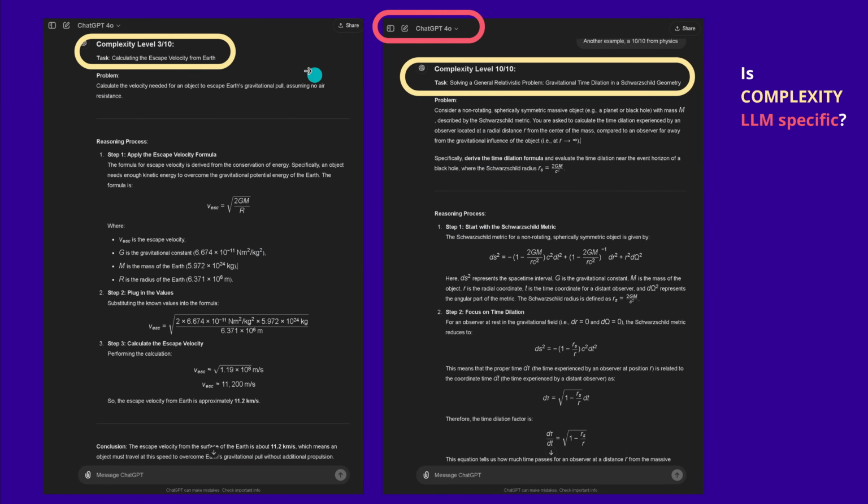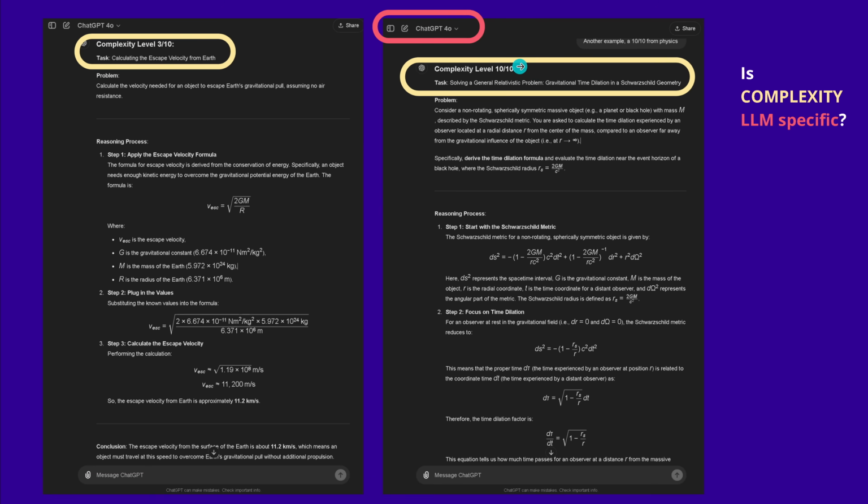Because I did now a simple ChatGPT 4o mini, and I said the same, a level 3 out of 10. And it tells me, and this is a screenshot here, calculate the escape velocity from Earth. When can I escape the gravitational field of Earth? I just do some calculation and I see this is a 3 out of 10. What is a 10 out of 10 for it?